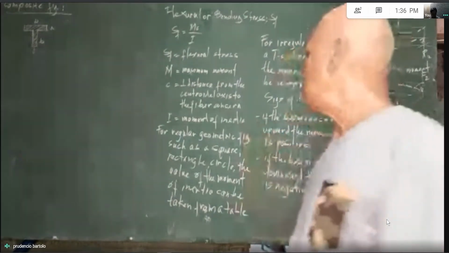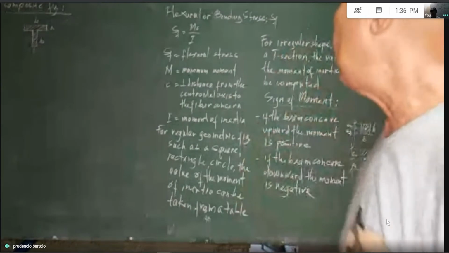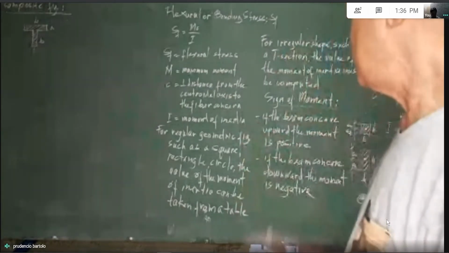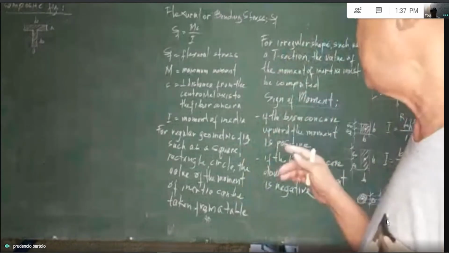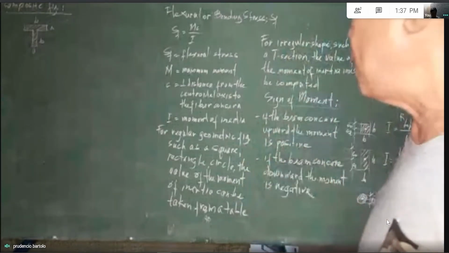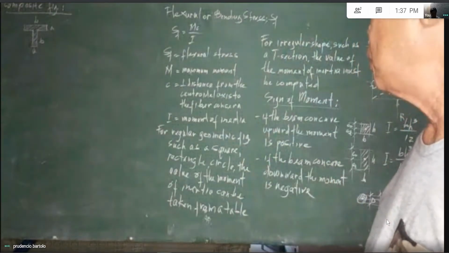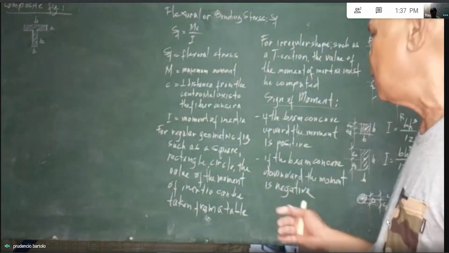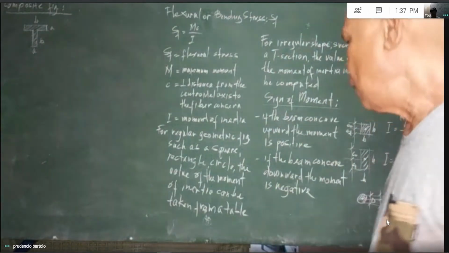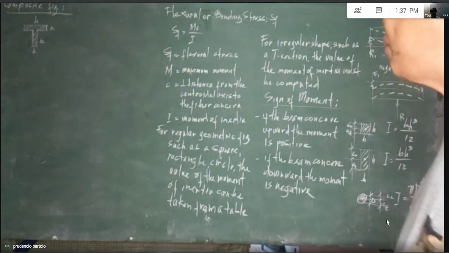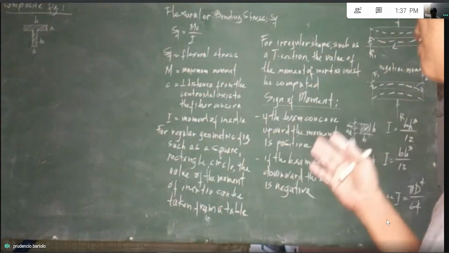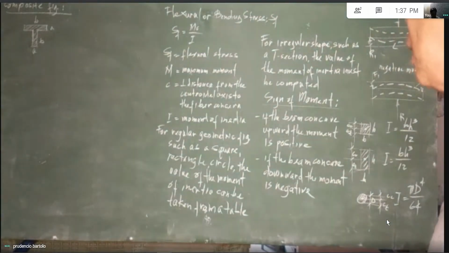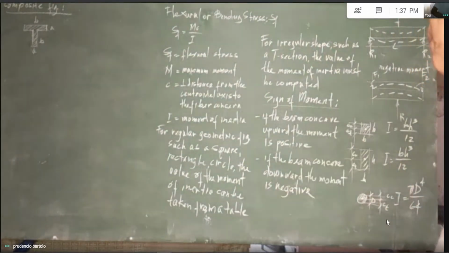Now, in considering the moment of inertia, we have to consider whether we are having a regular geometric figure, such as a square, a rectangle, or a circle. The value of the moment of inertia for a regular geometric figure can be taken from a table.